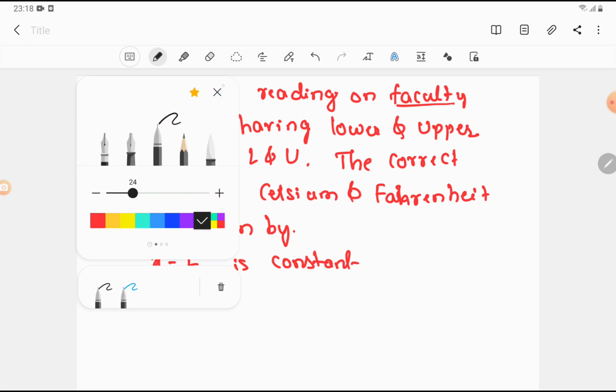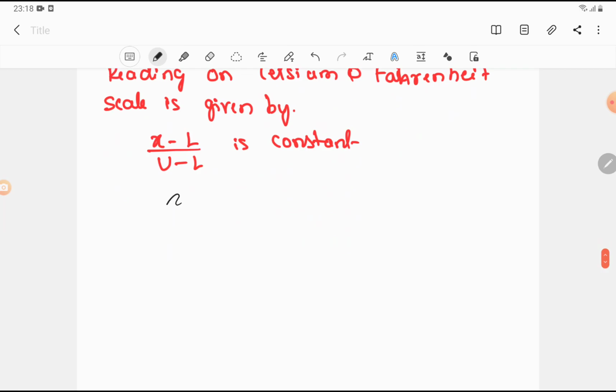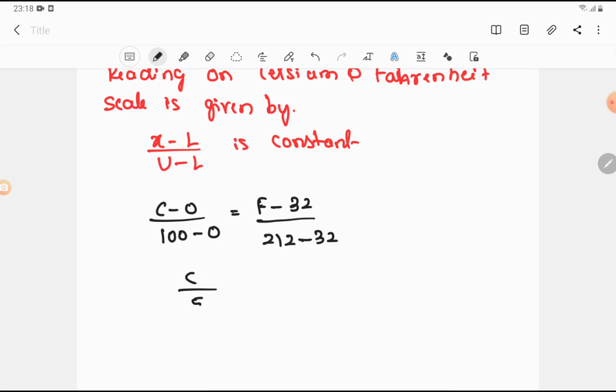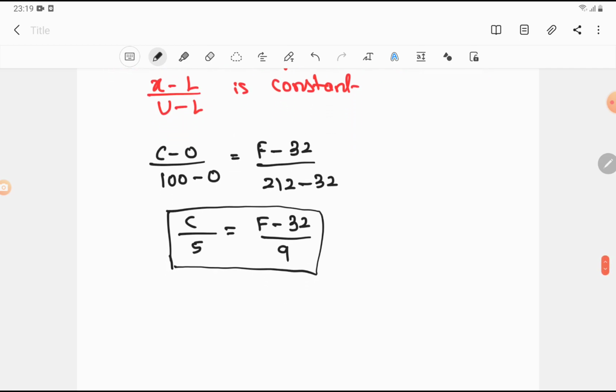So using this relation we have already done, that is given by C, lower is 0, 100 minus 0, Fahrenheit F minus 32 by 212 minus 32, that is given by C by 5 is equal to F minus 32 by 9. Direct answer. Let us go to the next question.